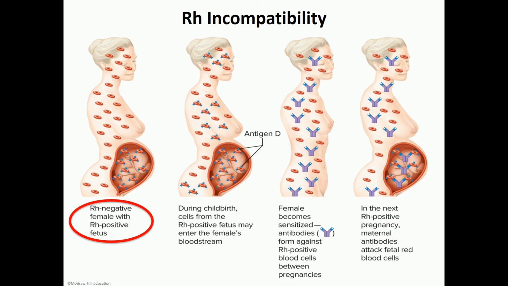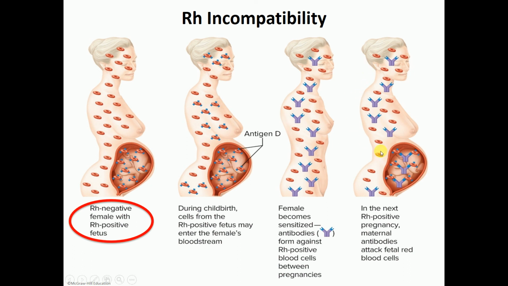But again, this is during delivery, so that baby is going to be safe. Nothing is going to happen to that baby. You can see her now after delivery with the antibodies found in her bloodstream. The danger would be in the next pregnancy.